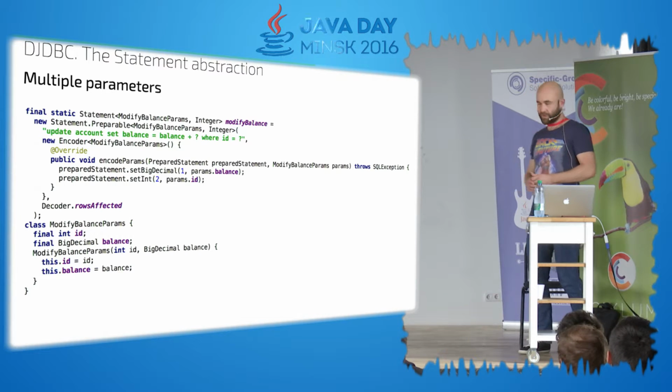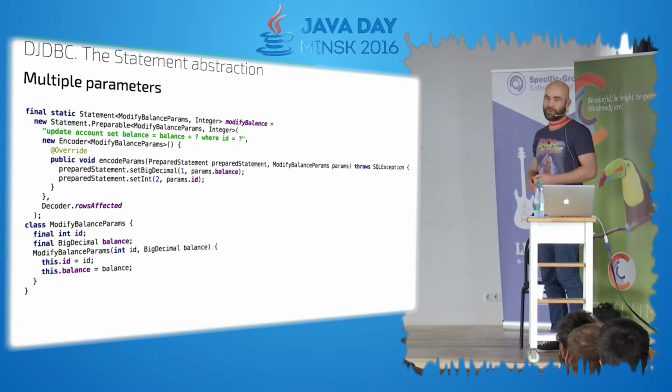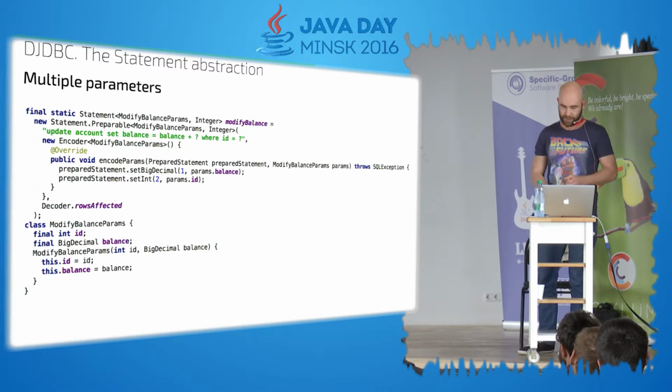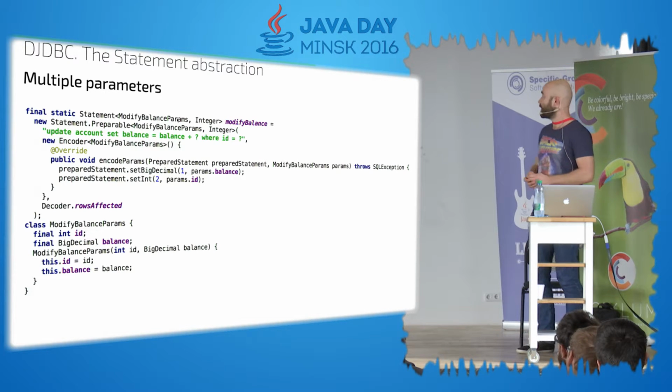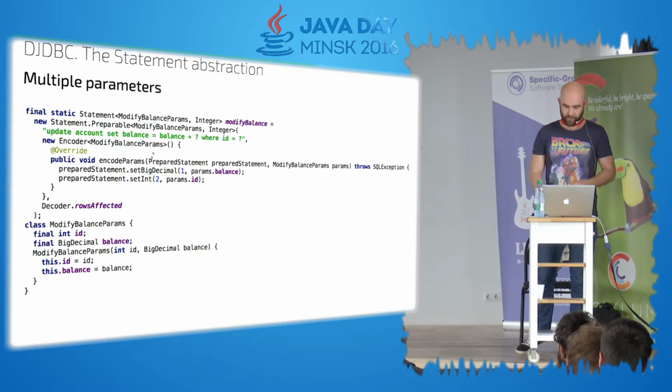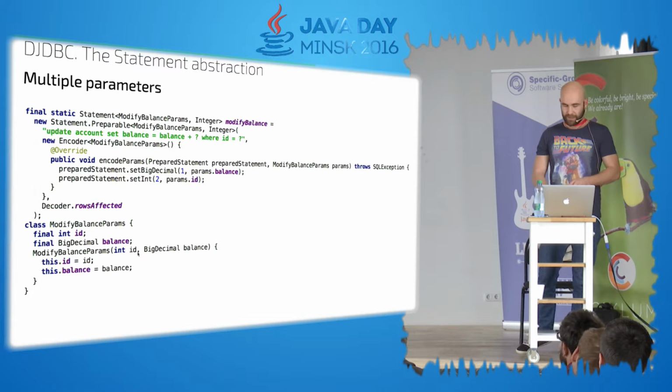But then arises the question, what do we have to do when we have multiple parameters? And in this example of code, I specify this type ModifyBalanceParams, which is simply a value object which groups two values which will be passed to this statement.